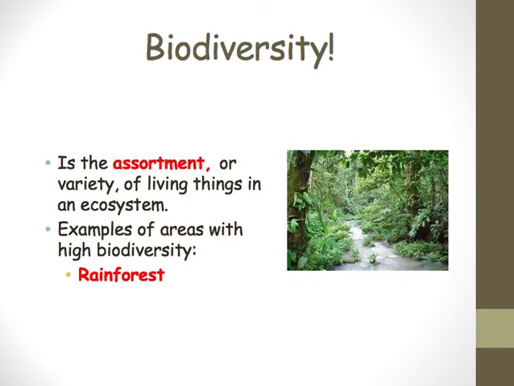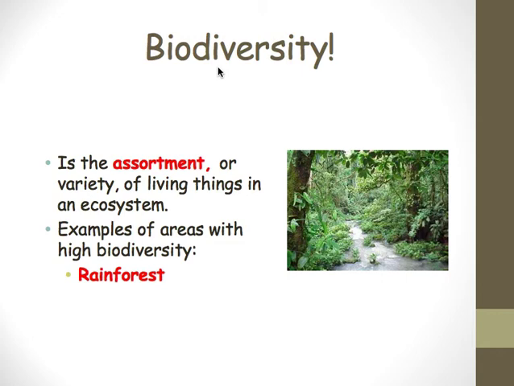Just a little vocab. We've talked about this before, but biodiversity. Bio means life, and diversity means differences, so biodiversity is the assortment or variety of living things in an ecosystem. It kind of measures the health of an environment. What biome has the highest biodiversity?